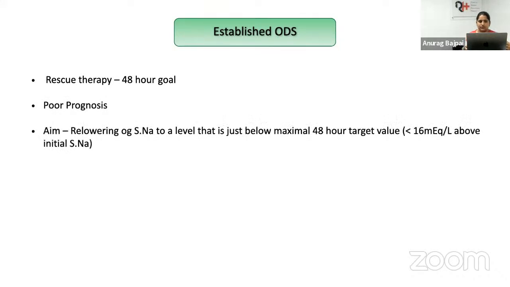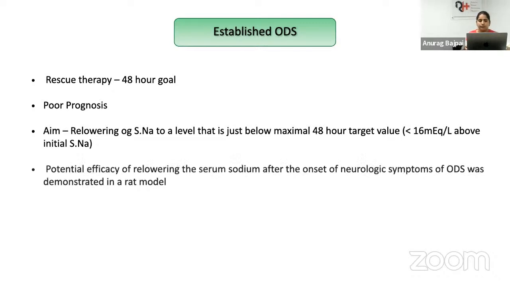Now coming to established ODS, we follow rescue therapy for 48 hours in these patients. There is really a poor prognosis, but we have to follow this therapy. We aim to relower the serum sodium to a level that is just below the maximum 48-hour target value, that is, as Sir has discussed, less than 6 mEq/L above the initial serum sodium.